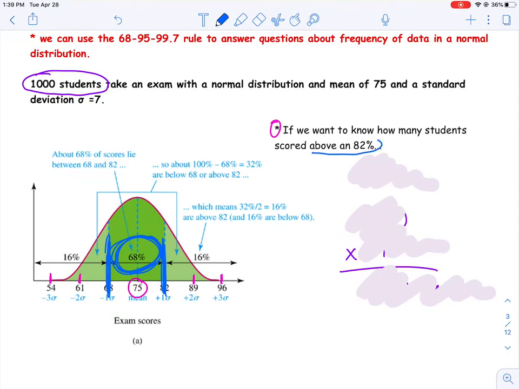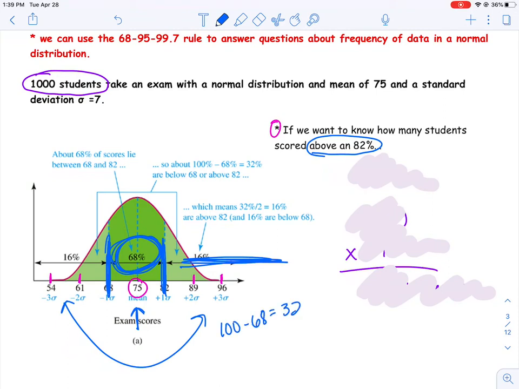It asks us what percent or how many are above 82. So we really want this amount. If 68% of the population fall in the category, then doesn't that mean that 100 minus 68 fall outside of the category? And so what would that be? Wouldn't that be 32%? If 68% are inside, then that means 32% are outside.